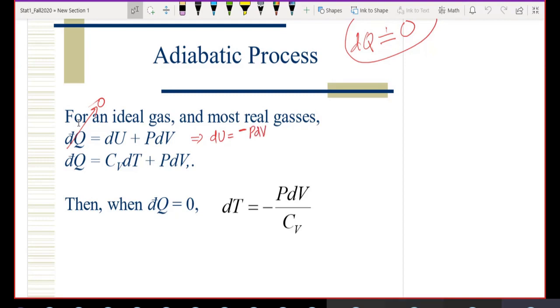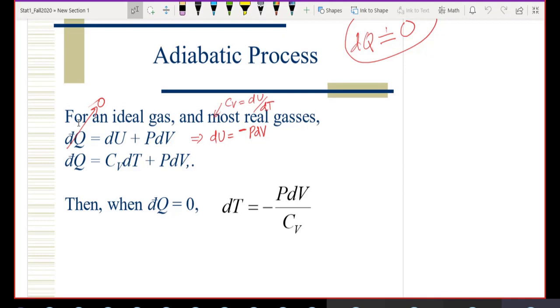And you define dU as you just defined the Cv as dU over dT.